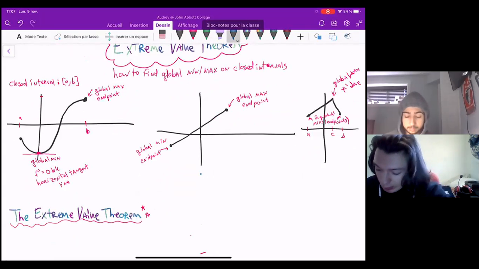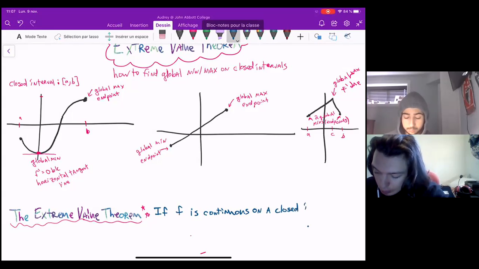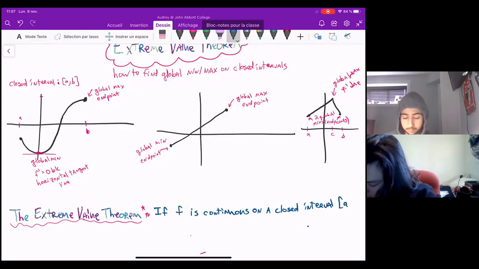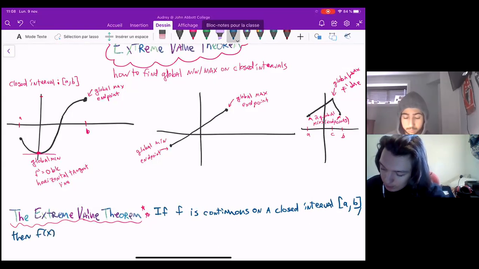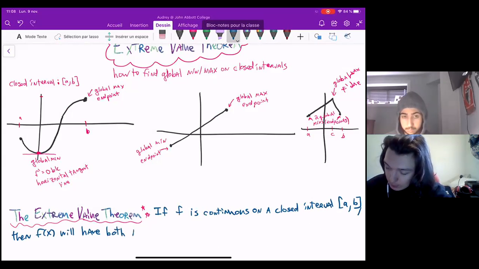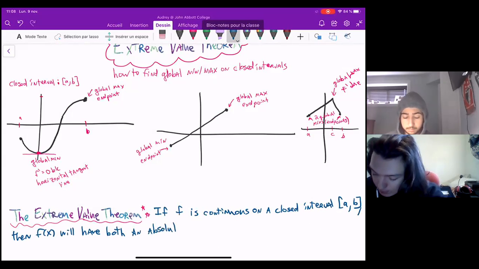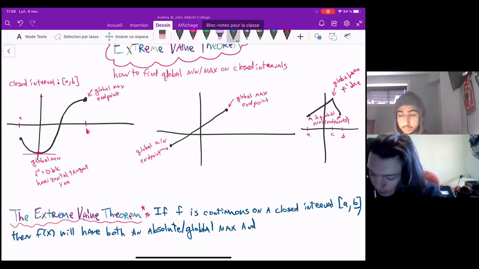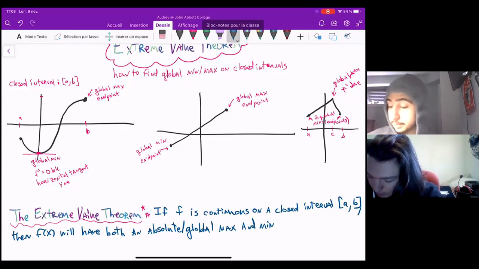It says if f is continuous on a closed interval a, b, then f of x will have both an absolute, or we've been calling them global, max and min on the interval.